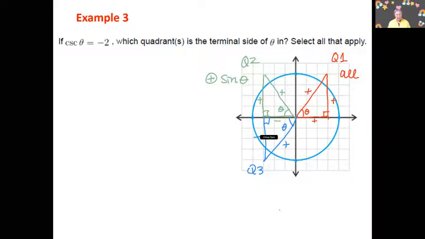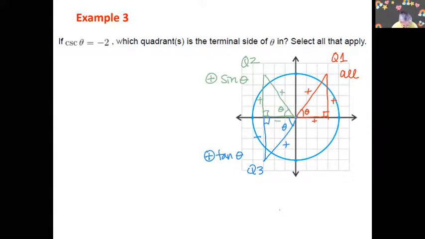So in this case, the only trig function that is positive is tangent of that angle, because the tangent ratio is opposite over adjacent, which is negative over negative. Tangent is the only ratio that gets negative over negative, which makes positive.